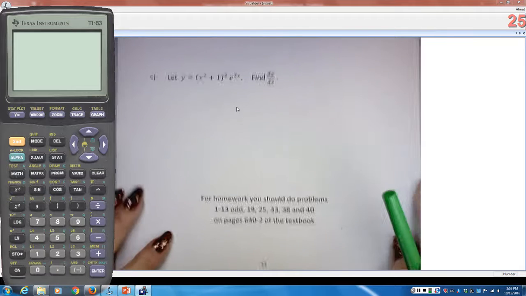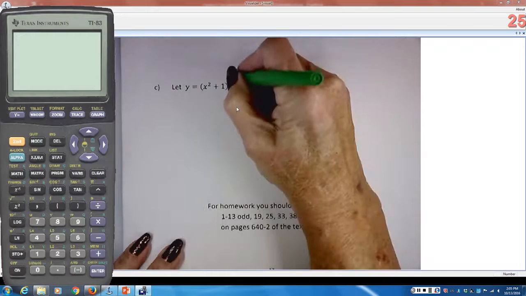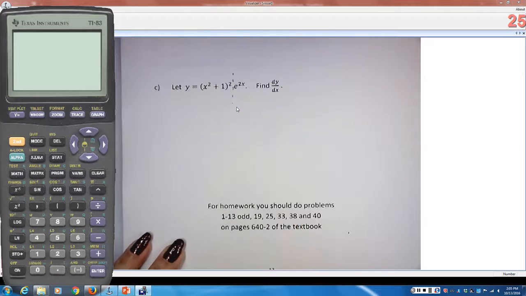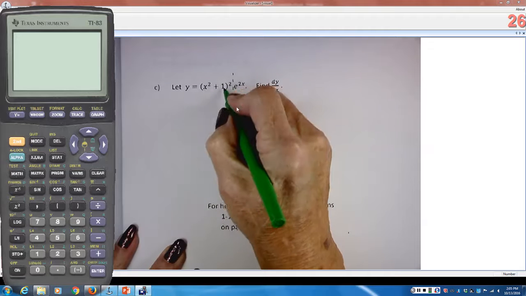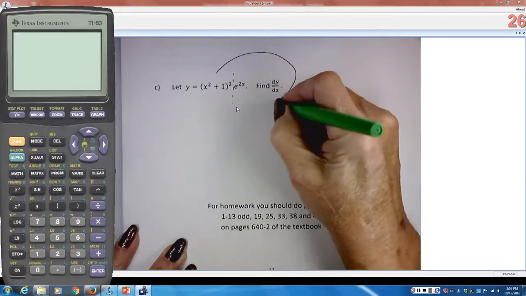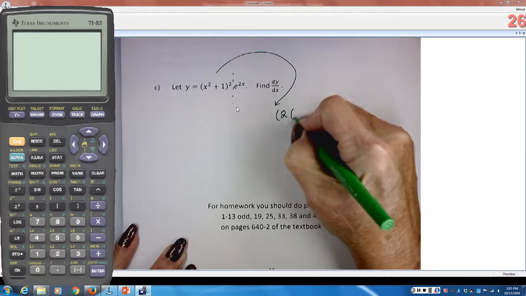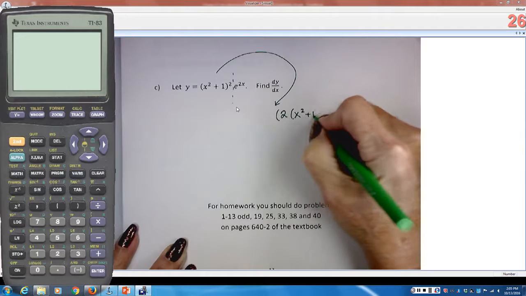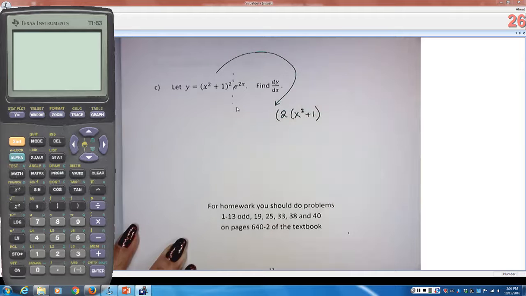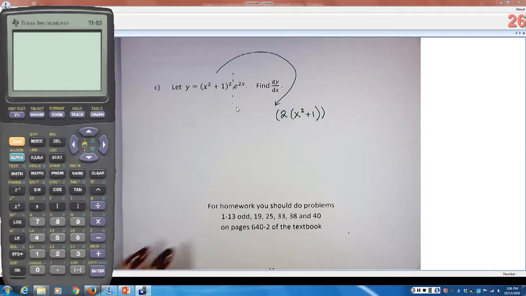And here we've got another one that's product rule. Two parts. So first we'll find the derivative of x squared plus 1 raised to the second power. There's its derivative, 2 times x squared plus 1 to the first power.